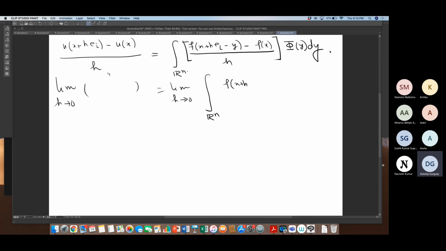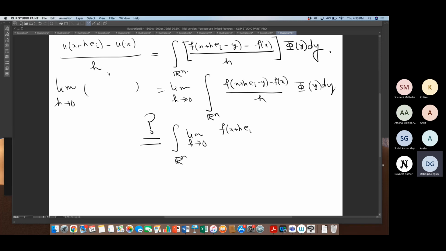The limit goes inside, and this is nothing but the derivative of f, del f by del x_i of x minus y, times phi of y dy.